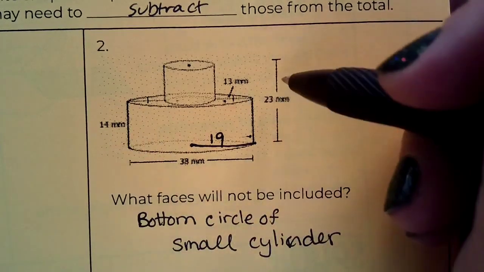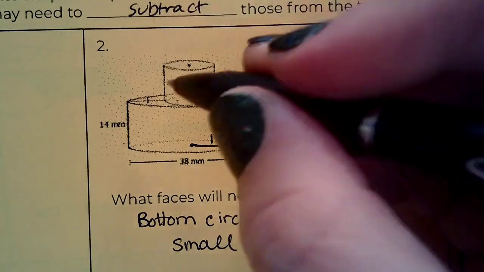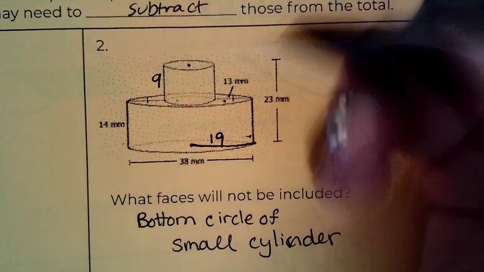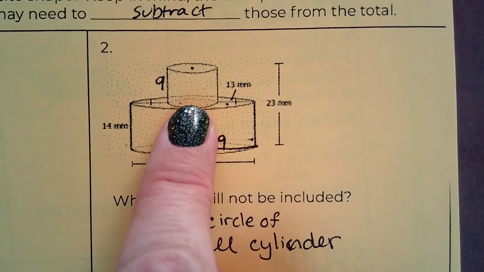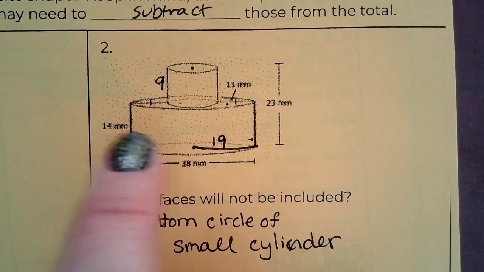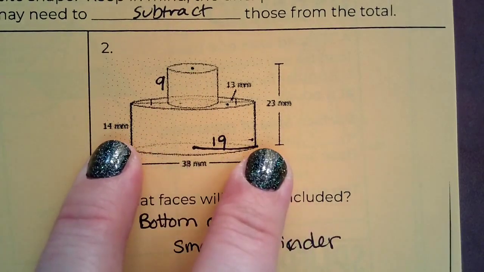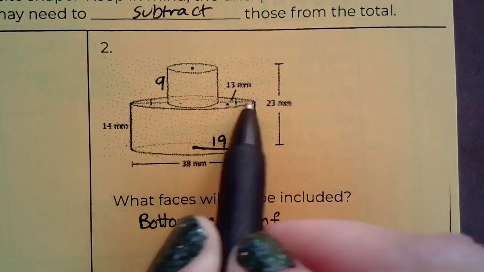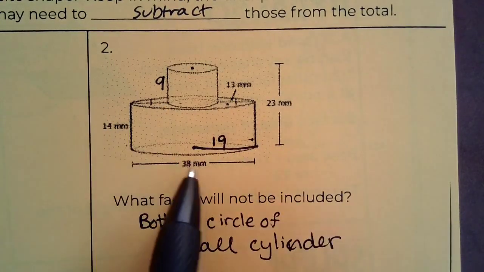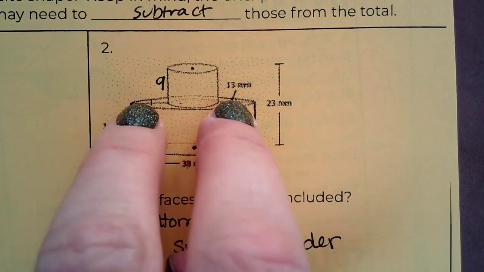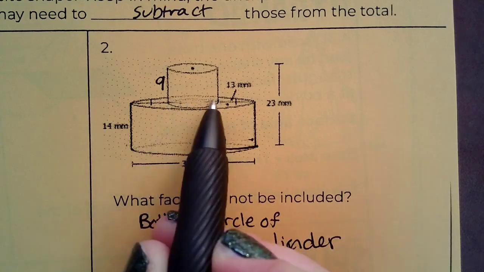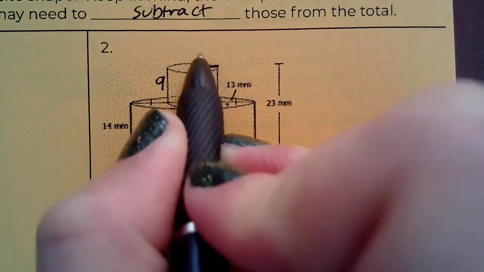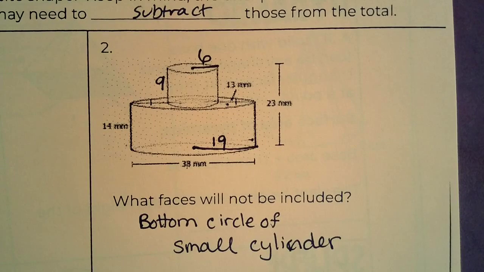If the height of the whole thing is 23, that means the height of my small cylinder is 23 minus 14, 9. Now for the radius of this small cylinder. If the entire width is 38, this width here is 13 and 13. 38 minus 13 minus 13 is 12, so that means the diameter is 12, so half of that, the radius, is 6.